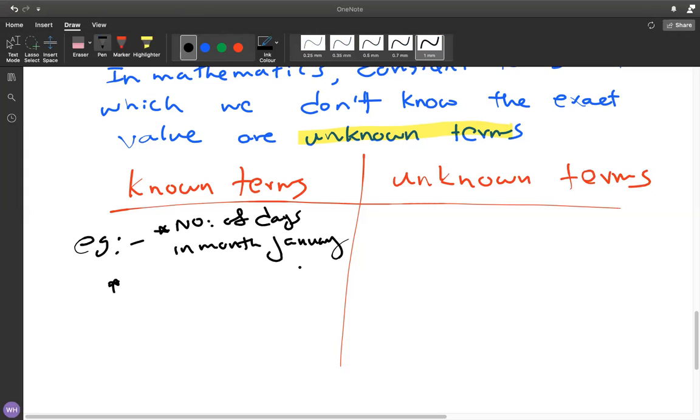Sir, number of days of a week. Exactly, that is correct. Okay, we'll write that. Number of days in a week.